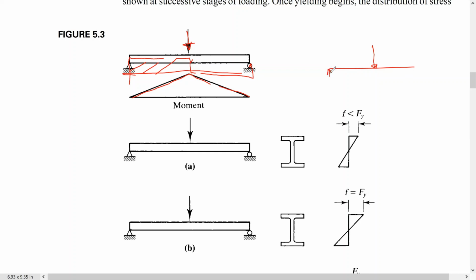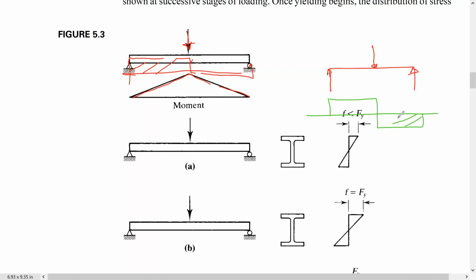Let me pick a different color. If this is the neutral axis, we go up, continue, go down, continue.